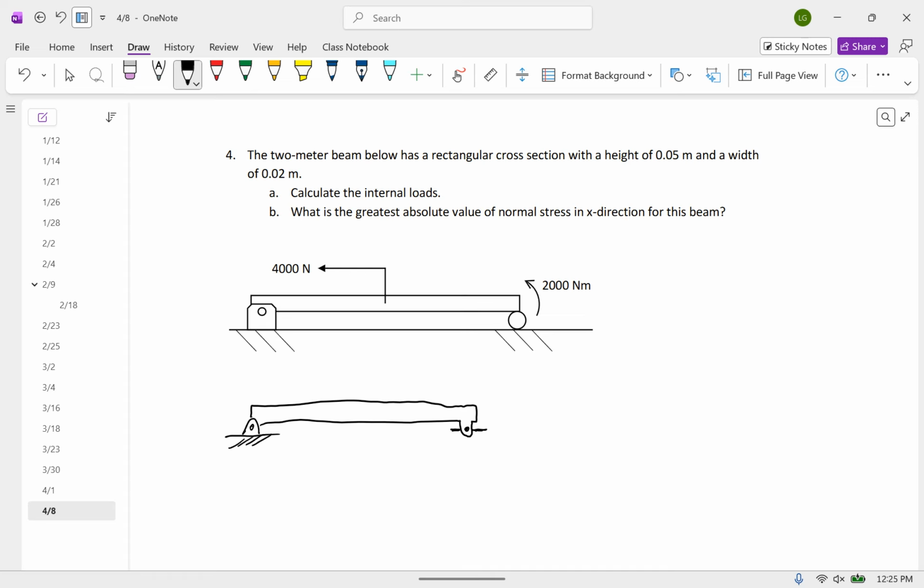Say that there's a pin there that goes in a slot. And then we have this stuff. 2000. This is such a huge couple.